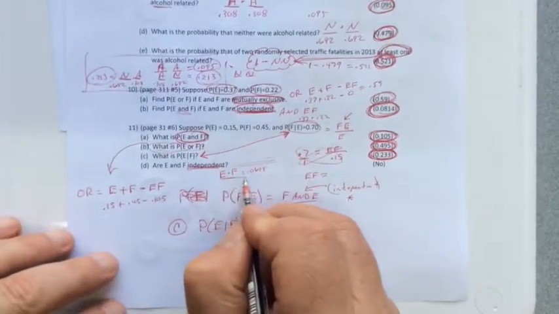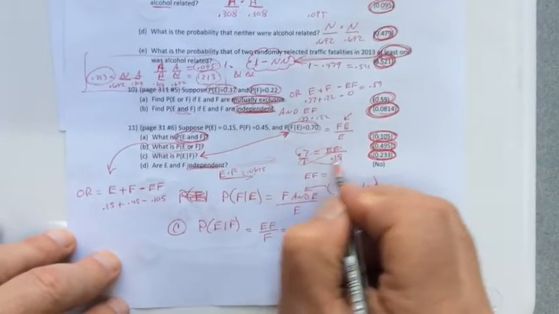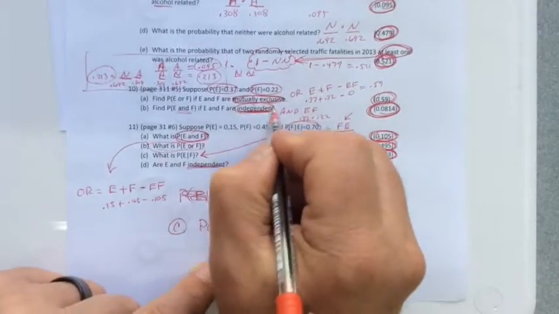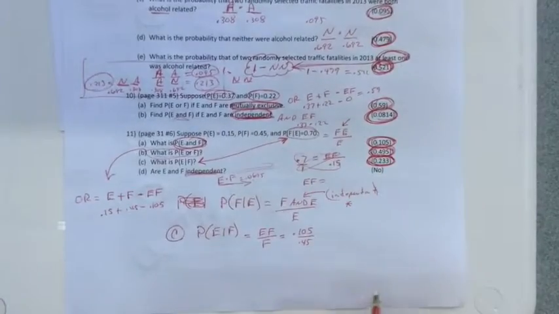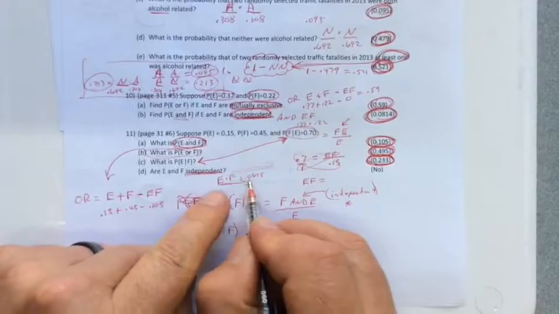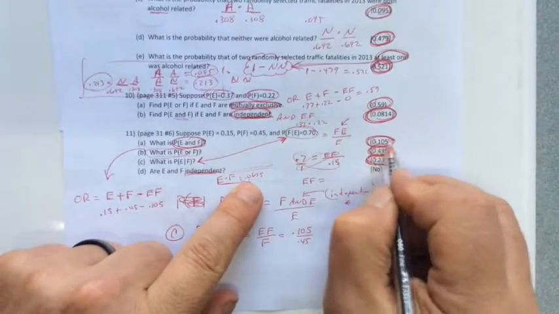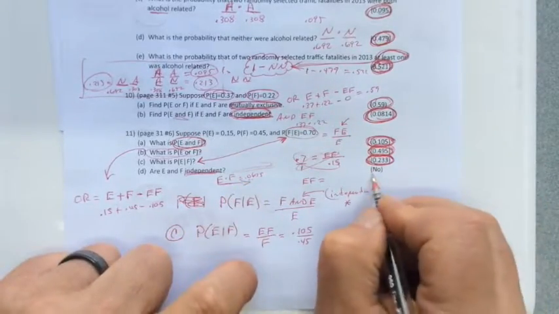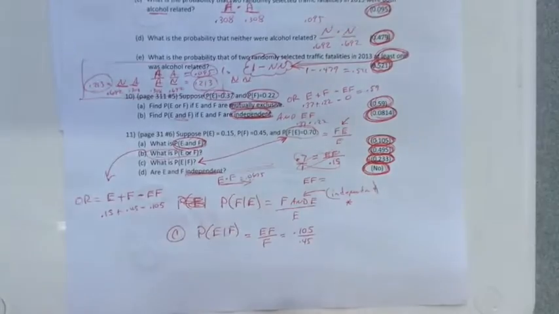If the multiplication is the same number as the formula, then they're independent. That's what independent means. It doesn't matter how you do it. But they're not. When we multiply them, it's 0.06. When we did the formula, it was 0.10. So no, they are not the same. That means it's not independent.